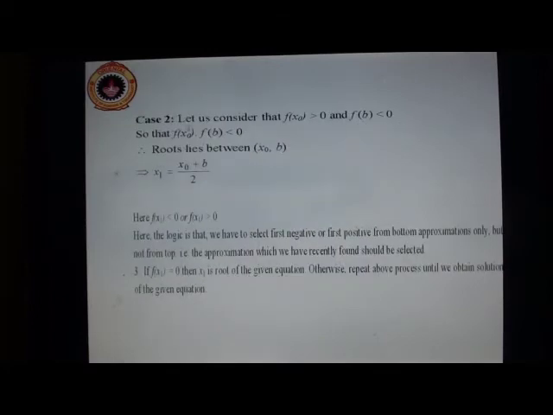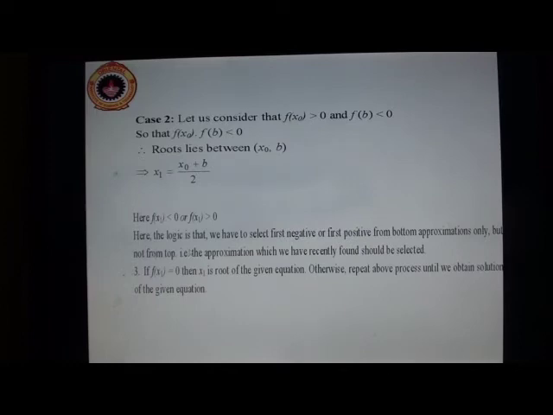In case 2, let f(x0) be positive and f(b) negative, so that the product f(x0)f(b) is negative. Therefore, the root lies between x0 and b. Then by the bisection formula, x1 = (x0 + b)/2.